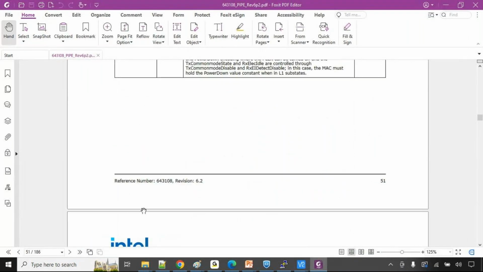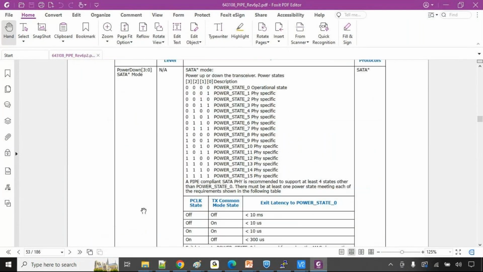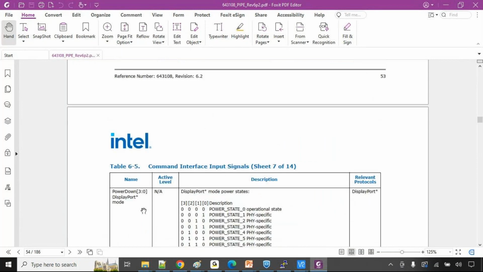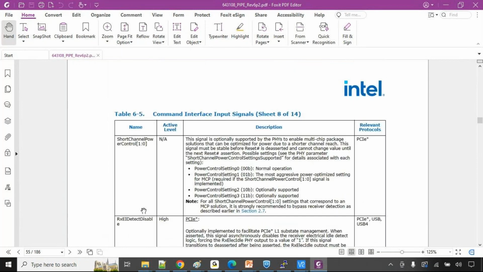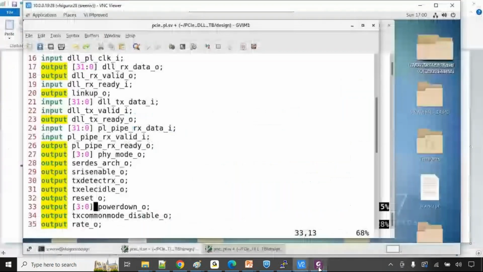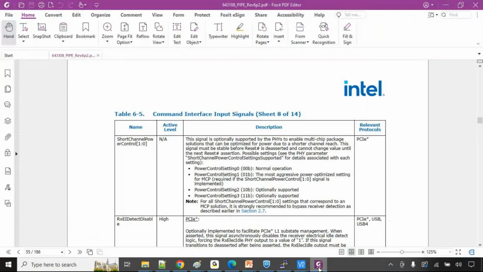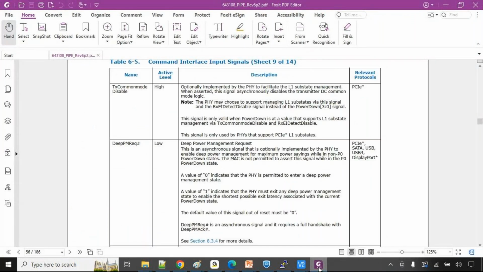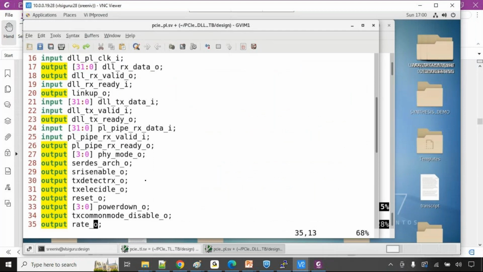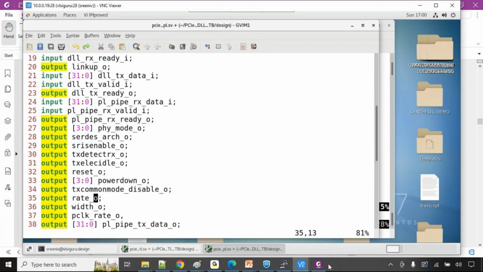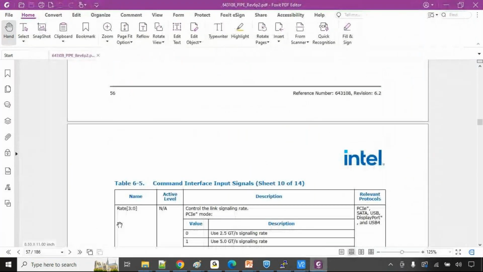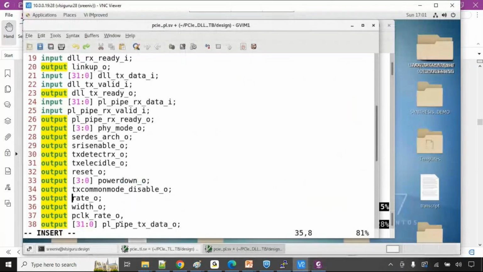Next, power down SATA. What is the next thing we have got? Transmit common mode disable. Transmit common mode disable is 1 bit only. Okay. The next thing is rate. Rate will be multiple bits, right? Because rate can be multiple things. So rate is 3 down to 0. Next.